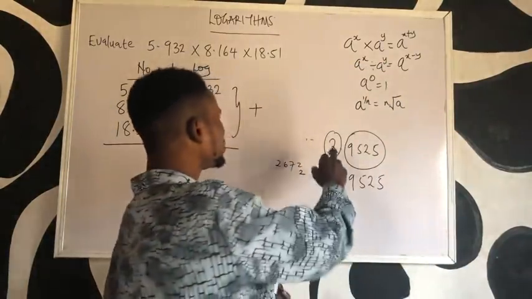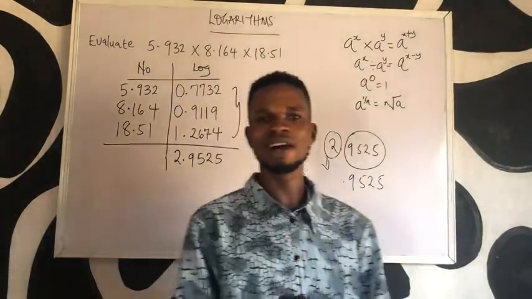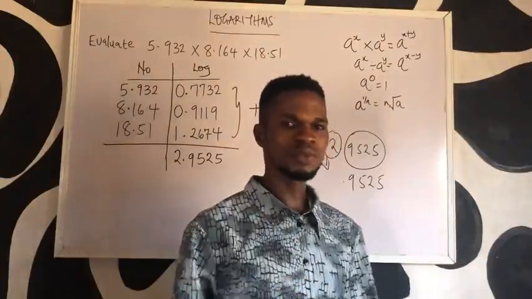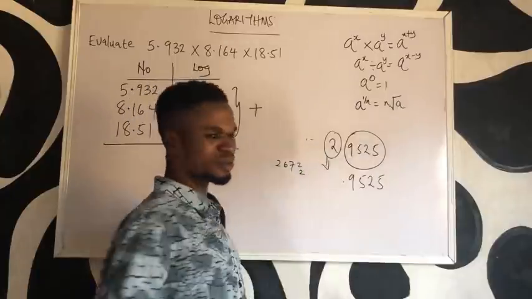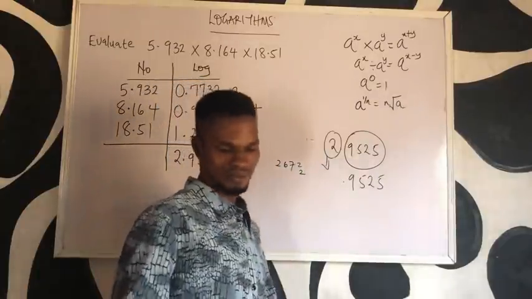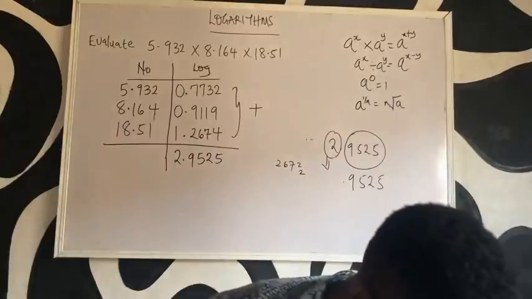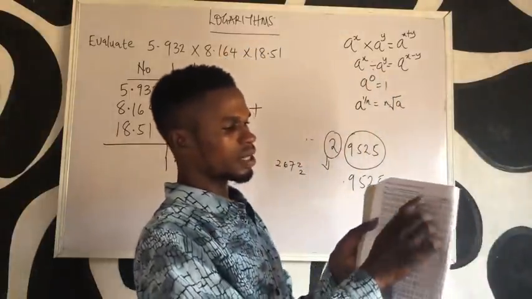Then we are going to use the integer to place the value of our result. So that means we need to look for the antilog of 0.95 under 2, difference 5. Now, this is still our logarithm table.